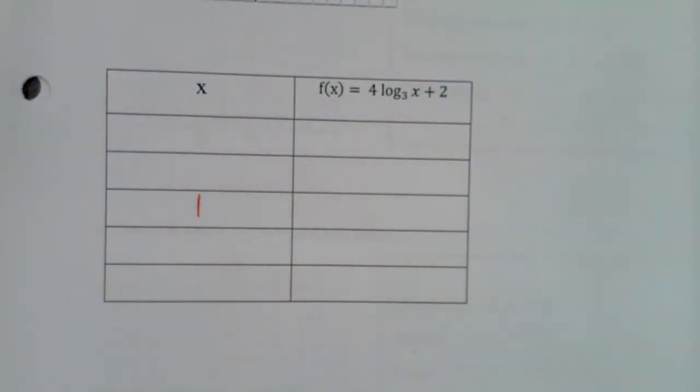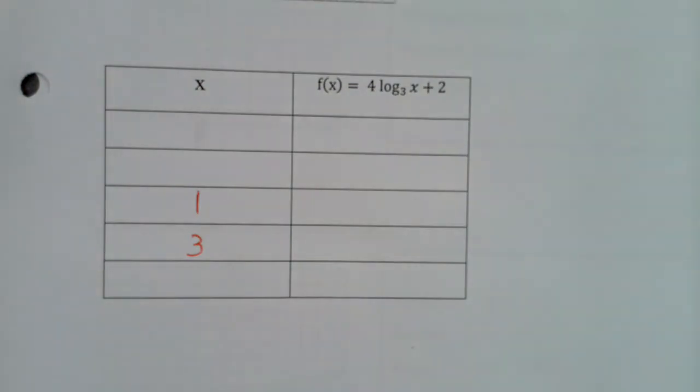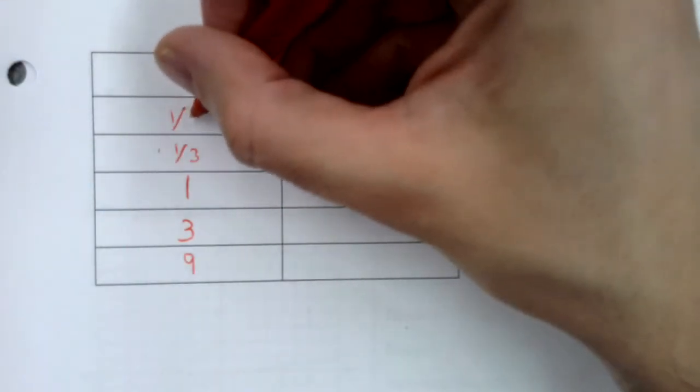So let's put the 1 right there. I'm going to do 3. And you'll see why I'm choosing these values in a minute. And then let's do 9. Let's also do 1/3. Let's also do 1/9.